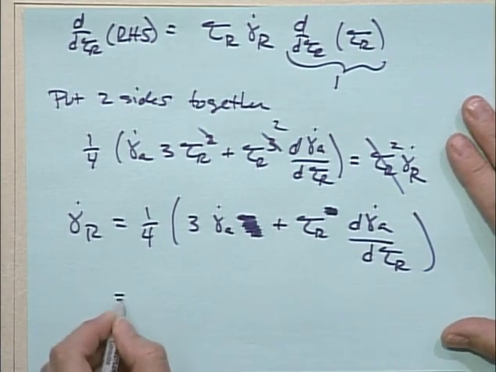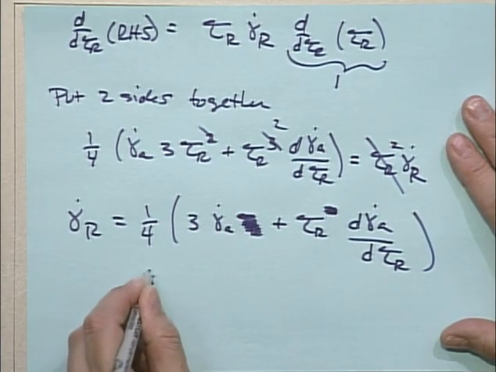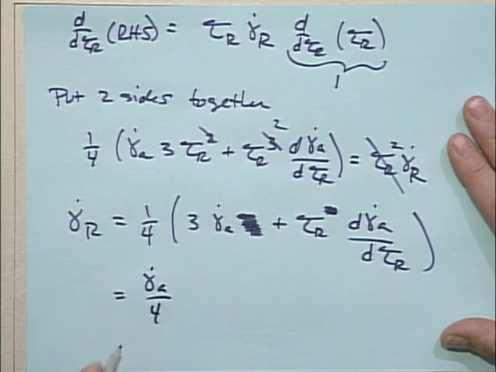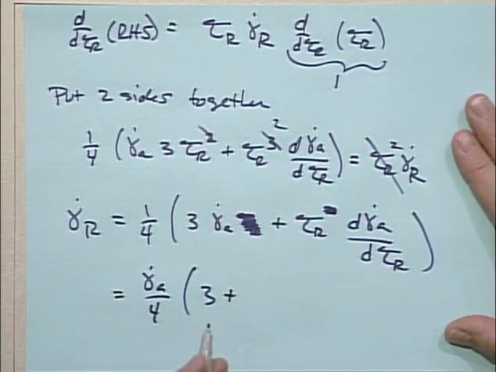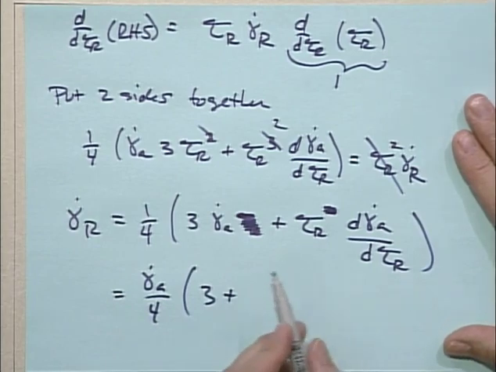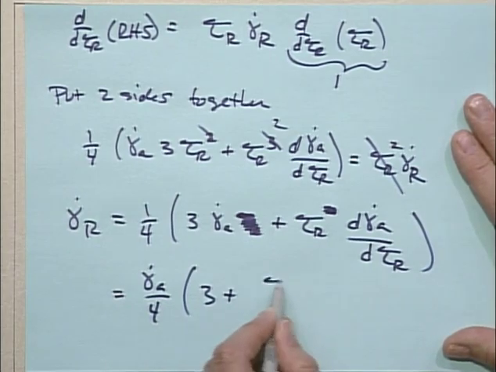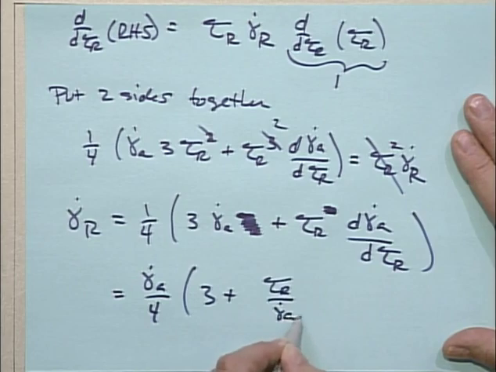If I factor out a gamma dot apparent, I get 3 plus tau r over gamma dot apparent, d gamma dot apparent d tau r.